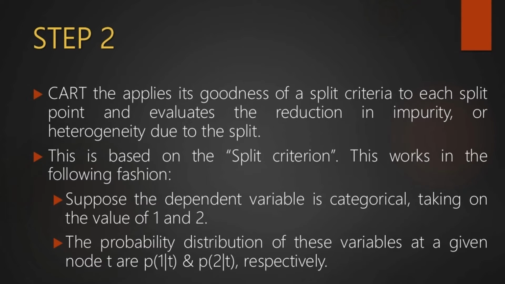Step 2. CART applies its goodness of split criteria to each split point and evaluates the reduction in impurity or heterogeneity due to the split. This works in the following fashion. Suppose the dependent variable is categorical, taking on the values 1 and 2. The probability distribution of these variables at a given node are P1(t) and P2(t), respectively.